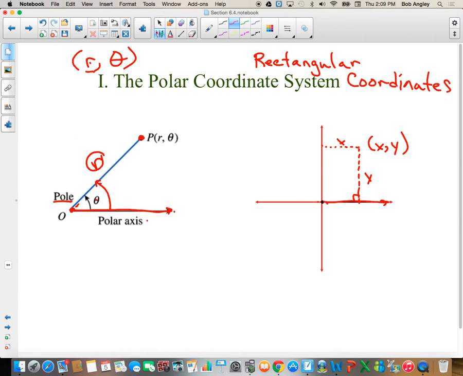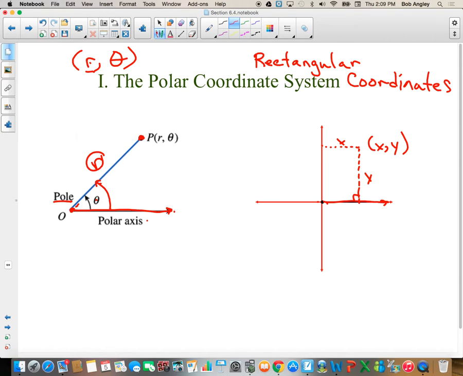So in the coordinate system we're used to, a point is identified by two numbers. Each represents a distance from either the x-axis or the y-axis. I should say it's a directed distance because we can have negatives.